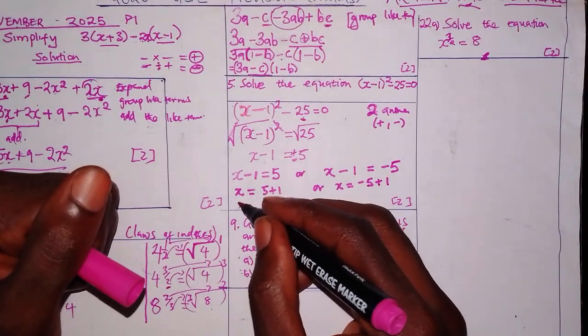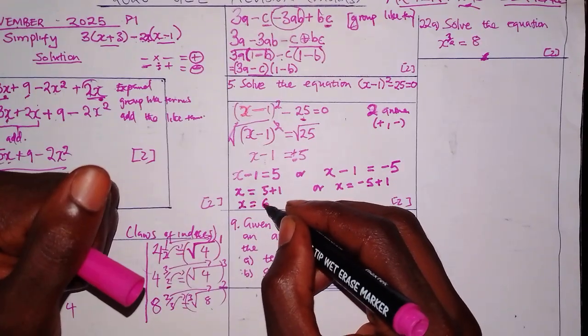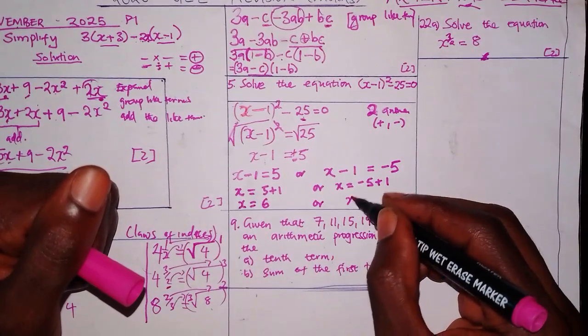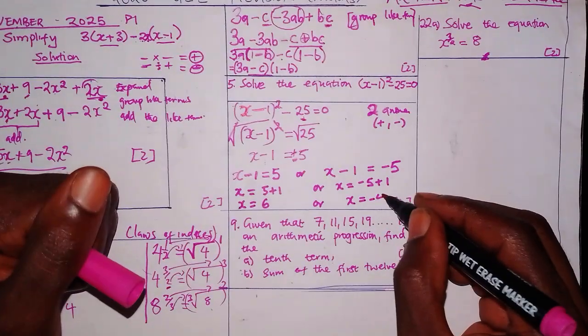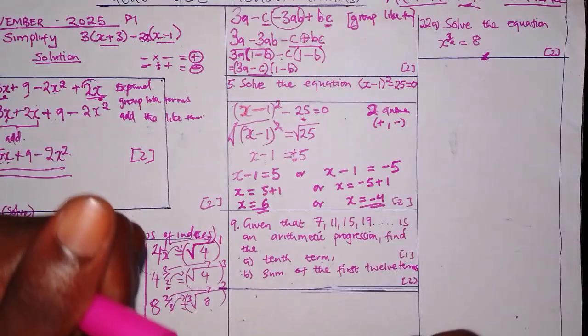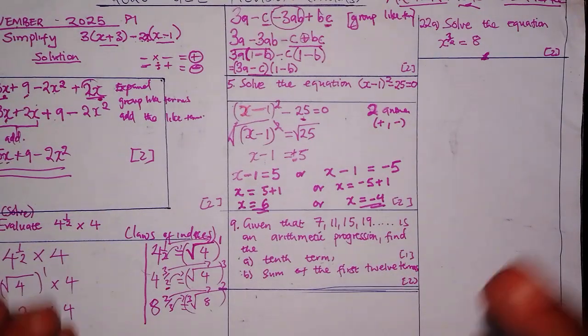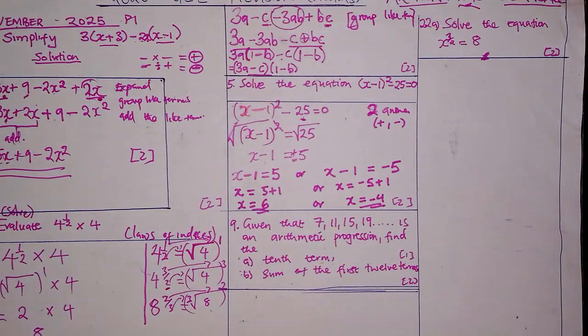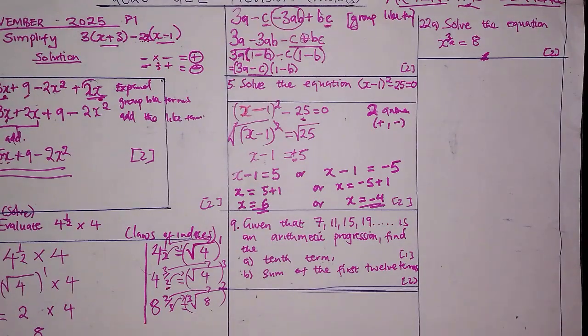Then here you say x is equals to 6, or x is equals to negative 4. Meaning you have solved your equation. The equation at first was looking hard, but once you understand the principle behind it, you can find that this question is actually simple.